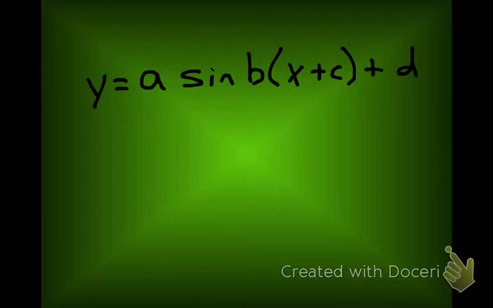And we're going to real quick just write down that A is your amplitude. B is your horizontal stretch.